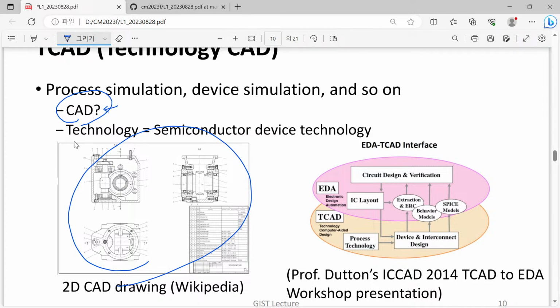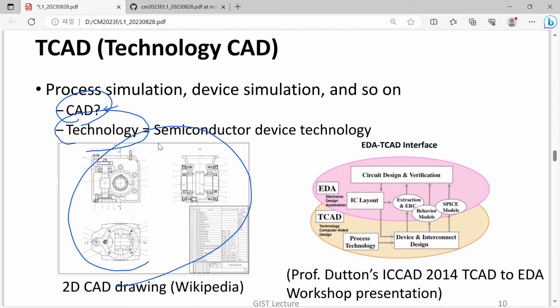However, we are introducing the prefix technology, and here technology means semiconductor device technology. So simply speaking, TCAD means the activities to use computer simulation to develop our semiconductor device technology.